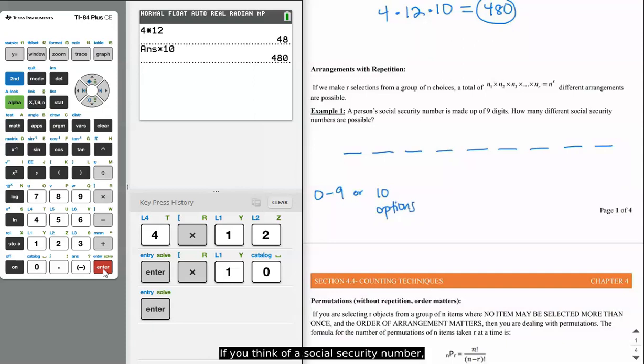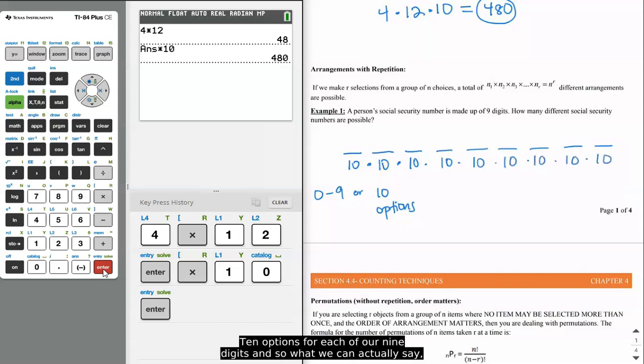So if you think of a social security number, some of the digits can be repeated. So you'd have 10 options for the first number, 10 options for the second, and the third, and the fourth, and so on, 10 options for each of our 9 digits.